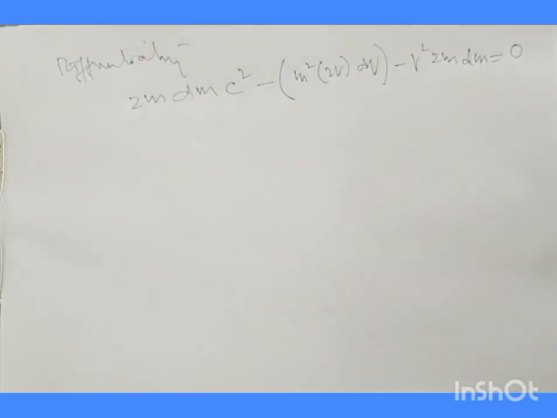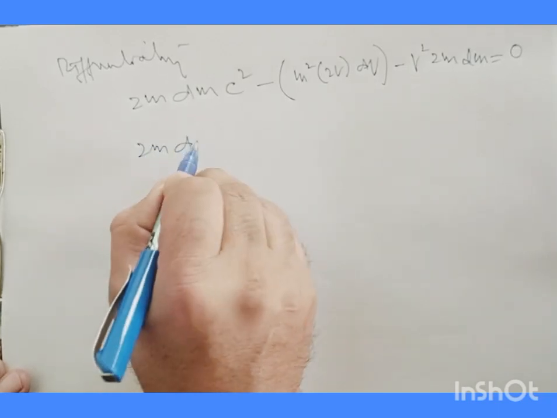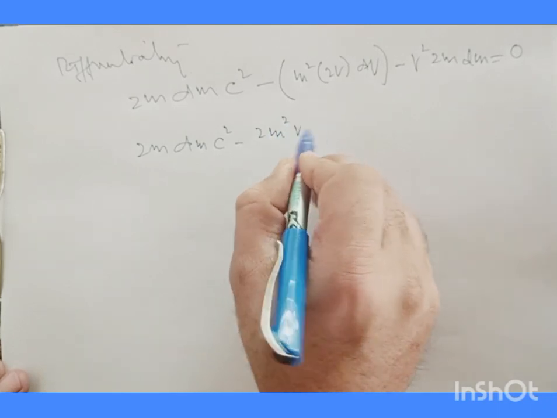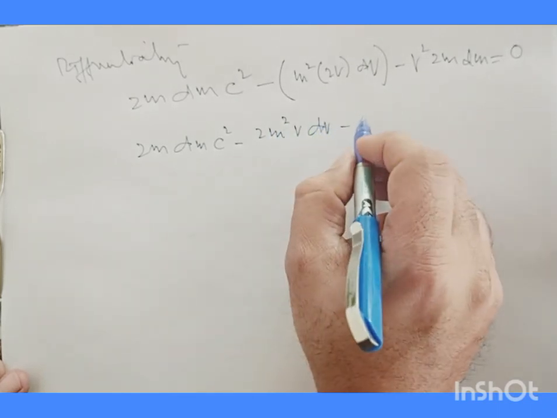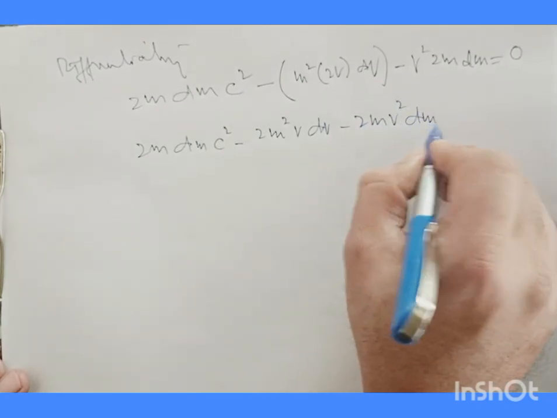So what we are left with here is 2m dm c square minus 2m square v dv minus 2m v square dm is equal to 0.